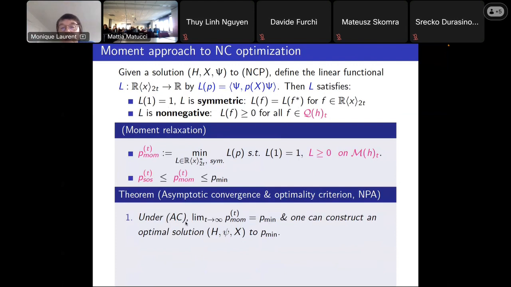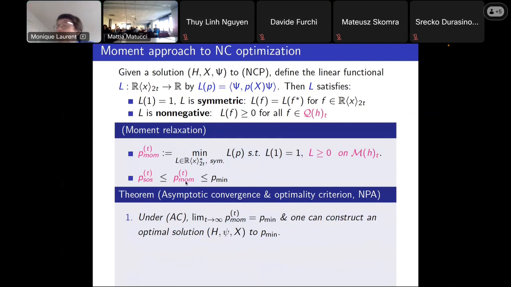Just to repeat, under the Archimedean condition, the SOS bound converges to the minimum, so also the moment bound converges to the minimum. We saw already a proof of asymptotic convergence via the Helton-McCullough result on the sum of squares side. So this is one way to derive it. Another way to derive the asymptotic convergence directly of the moment bound to the minimum would be to do the so-called GNS construction.